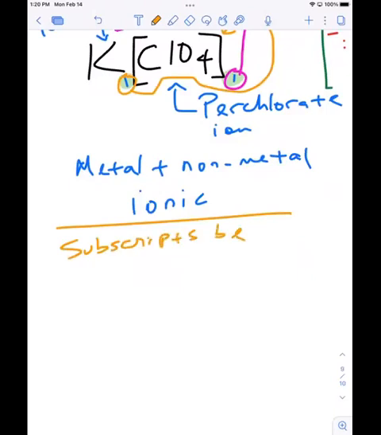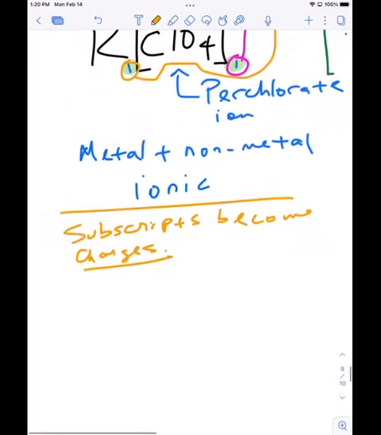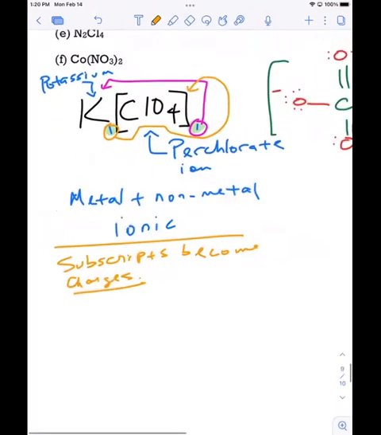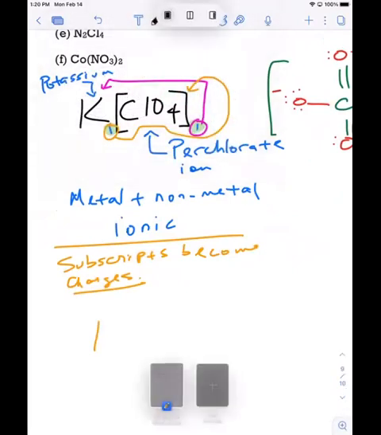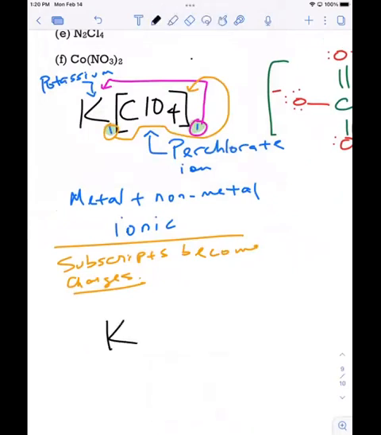And I'll explain that. So when we pull those two atoms apart, the one that's down on the right, circled in pink, is going to be the charge for potassium, which is going to be what? Anybody, unmute and speak up.